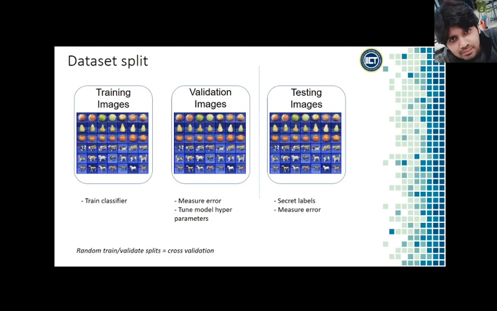Models with fewer hyperparameters will be easy to validate and tune, so you can probably reduce the size of your validation set. But if your model has many hyperparameters, you would want to have a large validation set as well, although you should also consider cross-validation. Also, if you happen to have a model with no hyperparameters or ones that cannot be easily tuned, you probably don't need a validation set too.